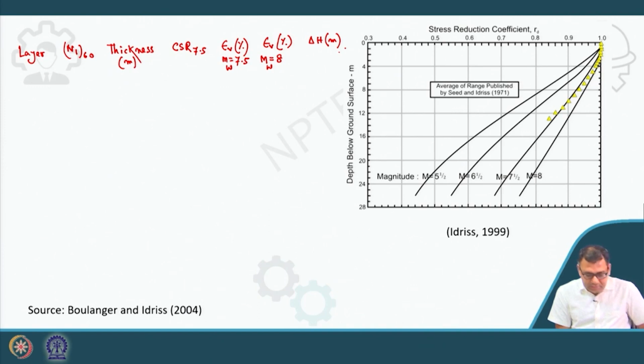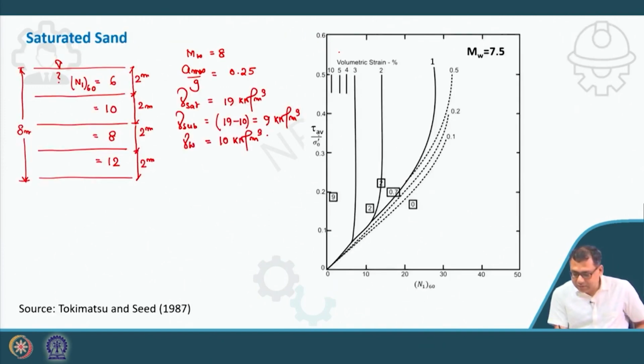Now, how will I calculate this CSR? This is actually tau average by sigma v0 dash. CSR is equal to tau average divided by sigma v0 dash, and this is valid only for 7.5. That is why it is written CSR 7.5. Here N1,60 is in the x direction, the y direction is CSR, and this is volumetric strain in terms of percentage: 0.1, 0.2, 0.5, 1, 2, 3, 4, 5, 10.